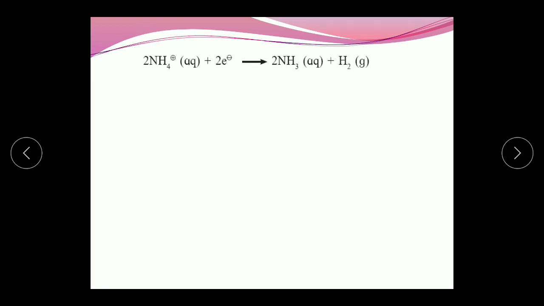So the reaction will be like this: 2 NH4+ plus 2 electrons gives 2 NH3 aqueous, because the paste is there because of moisture. Ammonia is dissolved, so it is ammonia in aqueous form.